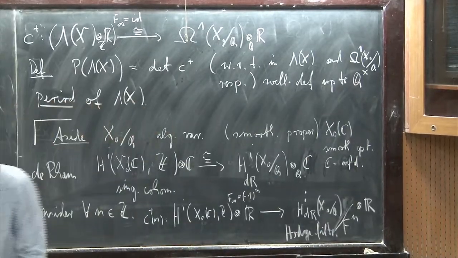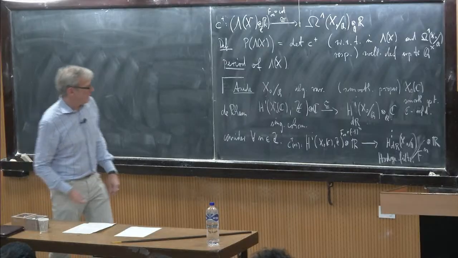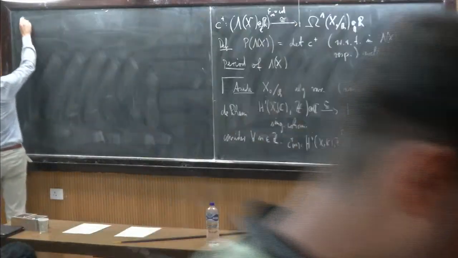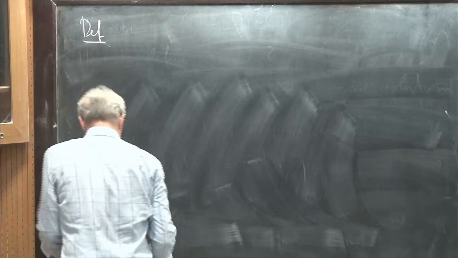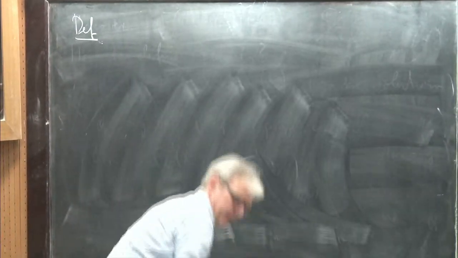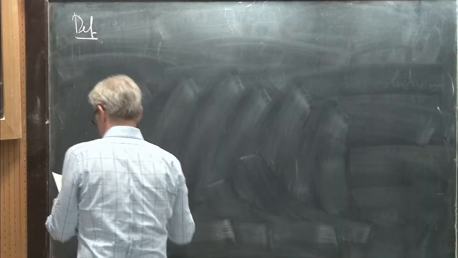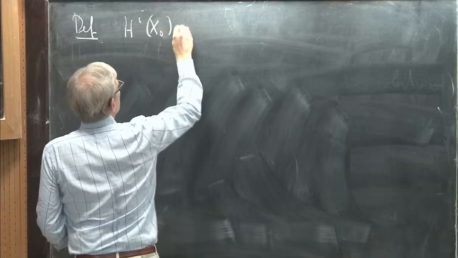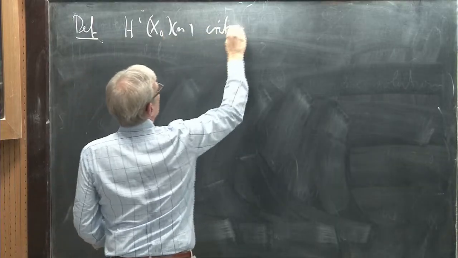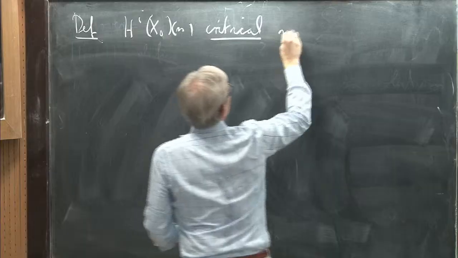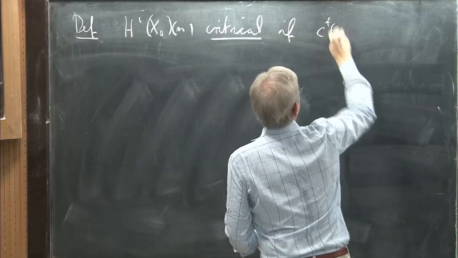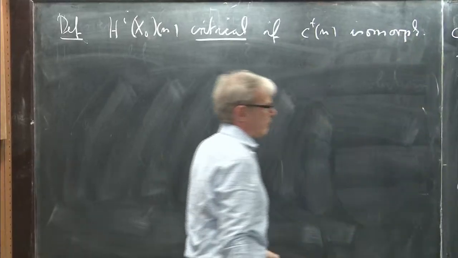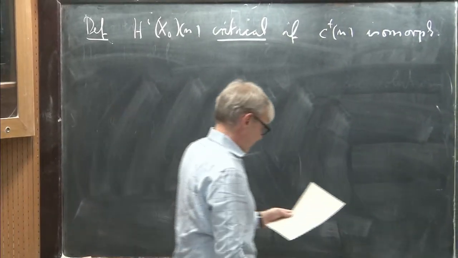Okay. But I wanted to define this notion critical because this will be a condition later. So this is critical if this C plus n is an isomorphism of real vector spaces.